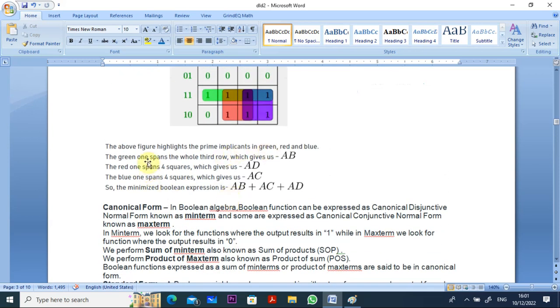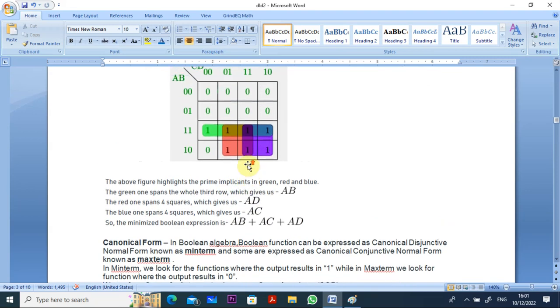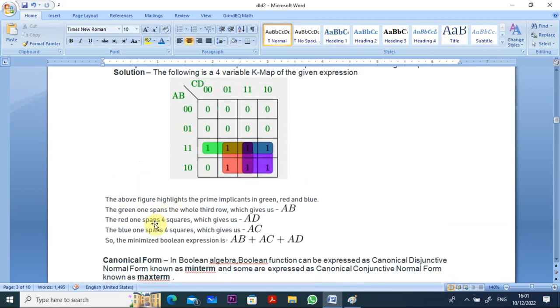First, it is going for the green color. Yeah, it is only AB.